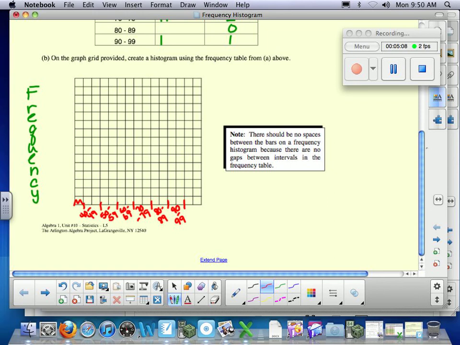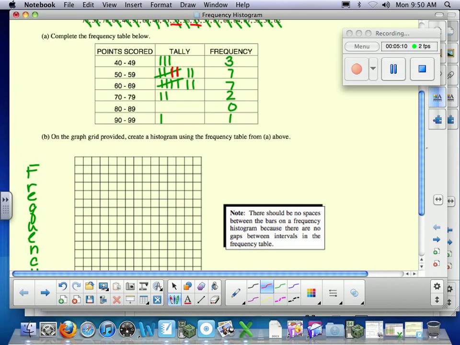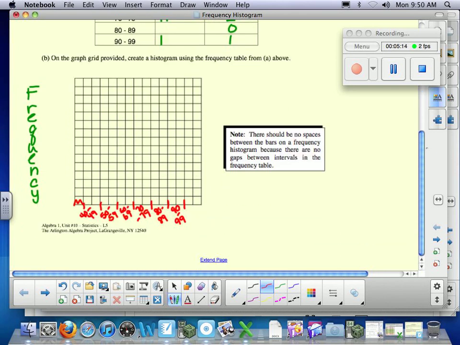So then we have to label our frequency. We have to get up to 7. I like to kind of stretch mine out. So I'm going to take 2 bars to represent each number. And it's not a rule that you do that. I just like to use as much of my chunk of graph paper as I can.